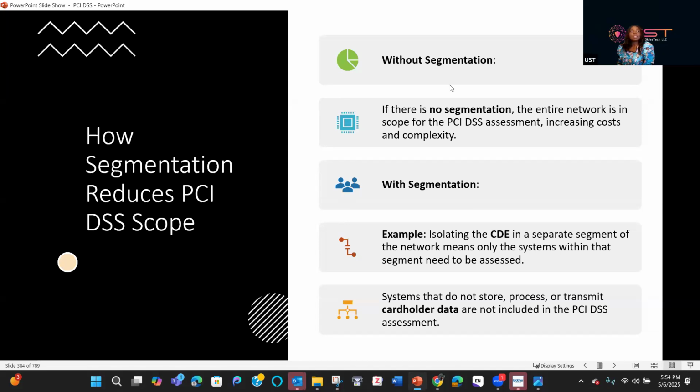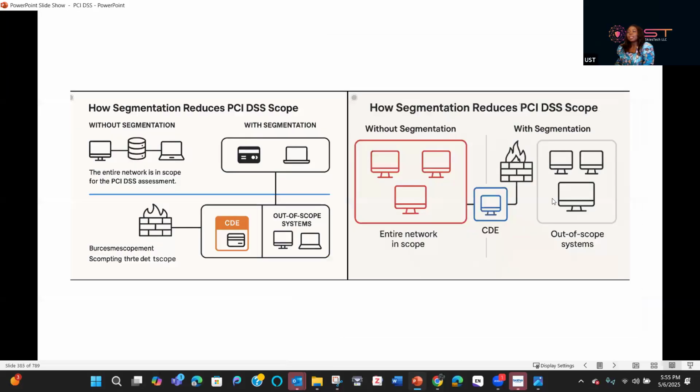With segmentation, isolating the CDE in a separate segment of the network means only the systems within that segment need to be assessed. Systems that do not store, process, or transmit cardholder data are not included in the PCI DSS assessment, right? Do you see?